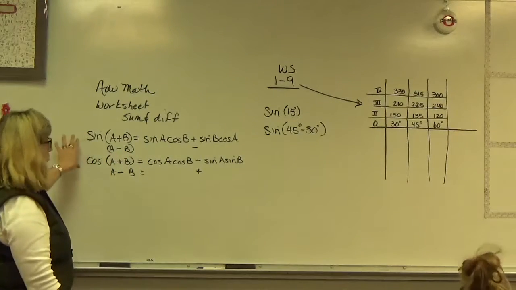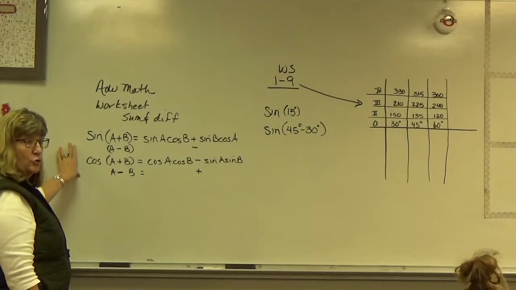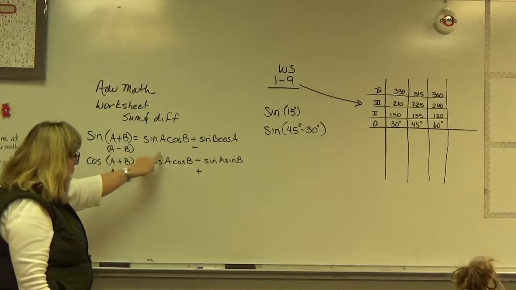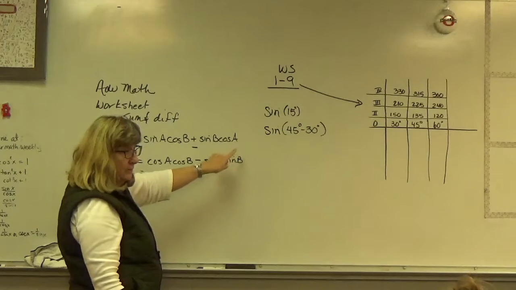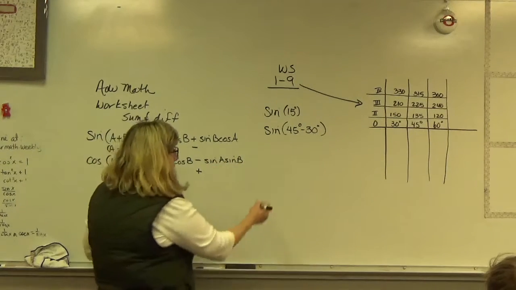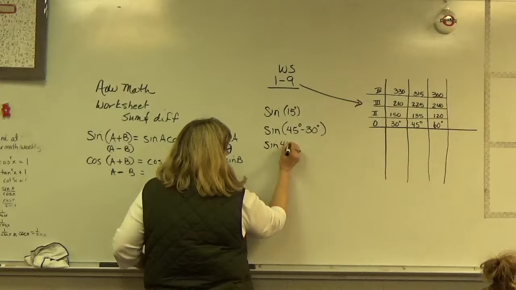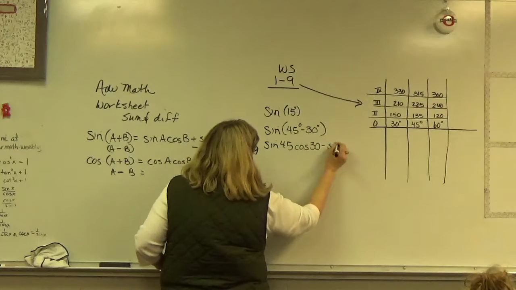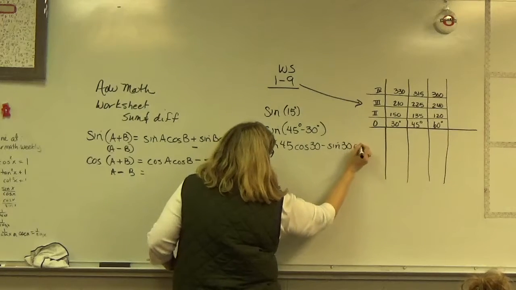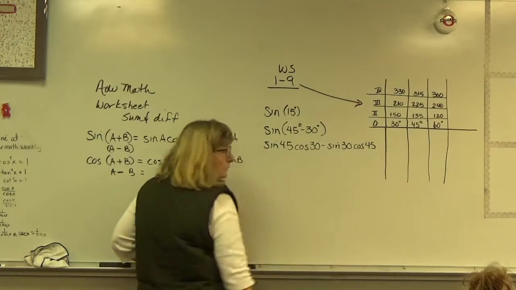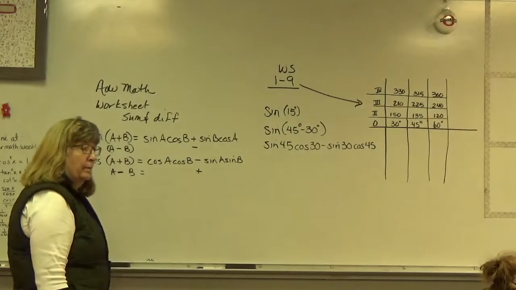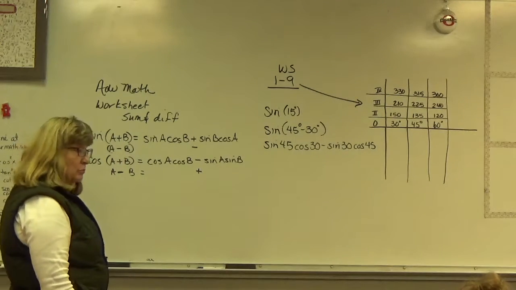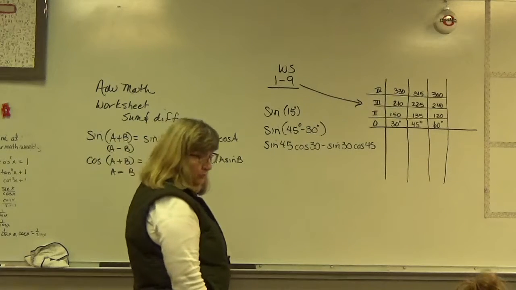Now, I rewrote your formulas for you, but they're on the front page of your trig information sheet. The sine of 45 minus 30, I'm going to make use of this formula, right? Yes. So it's the sine of the first one, cosine of the second one, minus sine of the second one, cosine of the first one. Okay, now, make sure you're on the side with the chart.